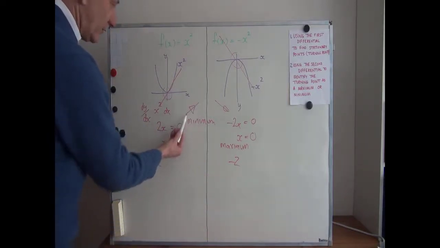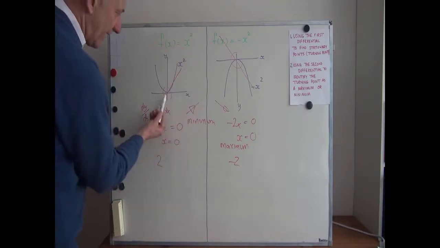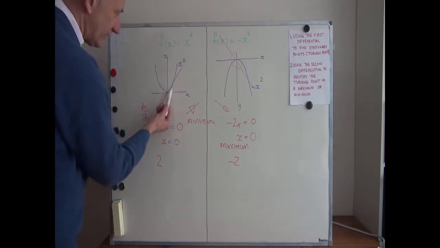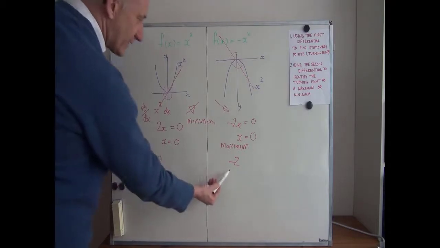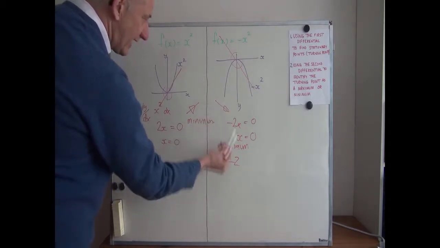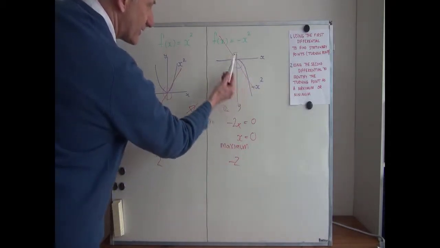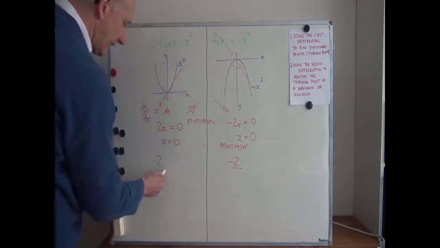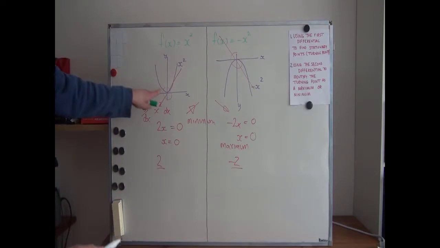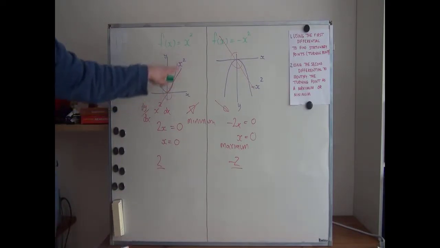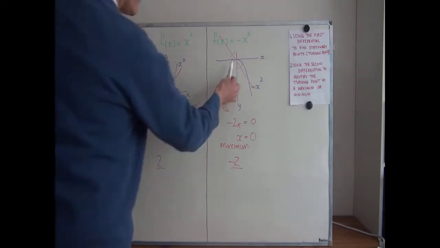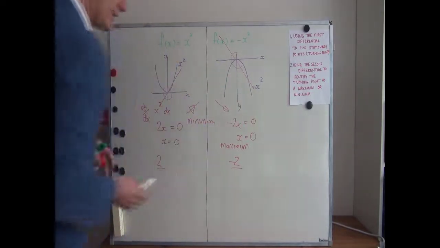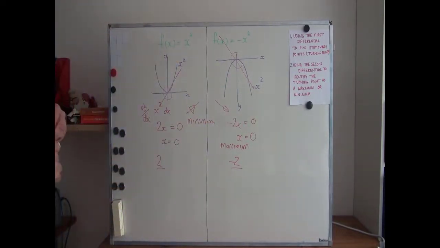It tells you that that slope is going up as you leave the stationary point, and this tells you that the slope is going down as you leave the stationary point. And that confirms our idea that for this curve we are at a minimum and we start heading up, and for this curve we're at a maximum and we start heading down.